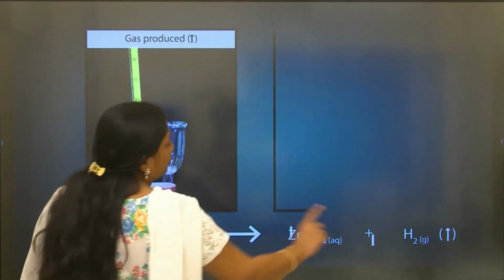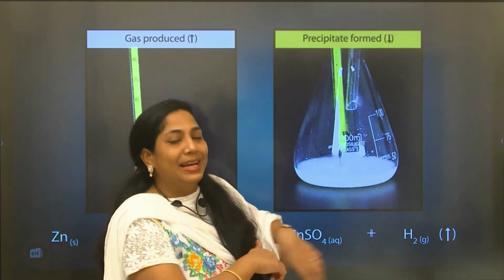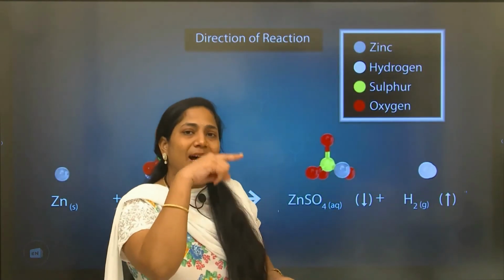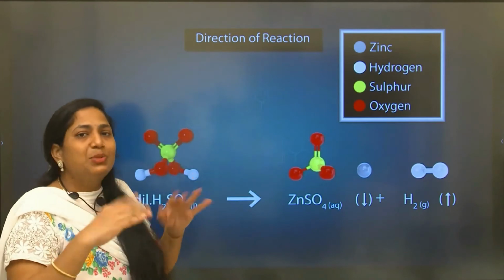And this leads to the hydrogen gas, that is H2 G, which will be represented with the up arrow indication. So it's a gas which is evolved.